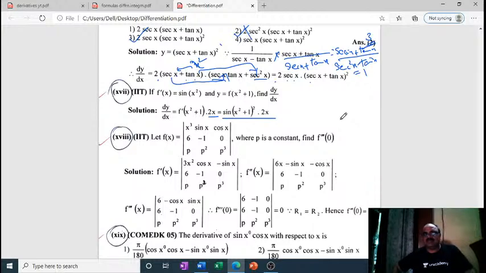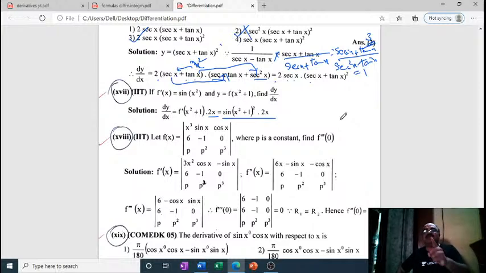Hope this concept is clear to your mind. They have given f dash of x as some value. They have given a y function and they have asked you to differentiate it. So when you differentiate this, it is f dash of x square plus 1 into x square's differentiation, which is 2x. Correct?